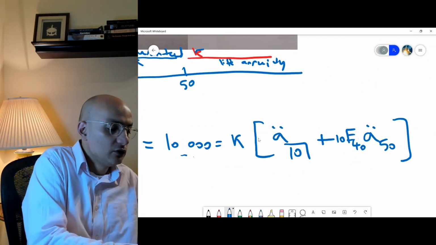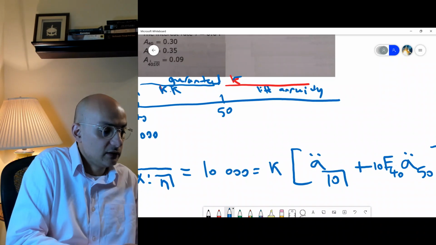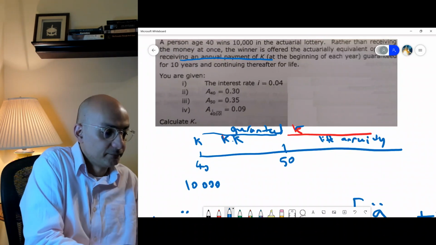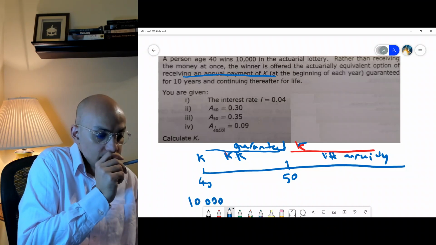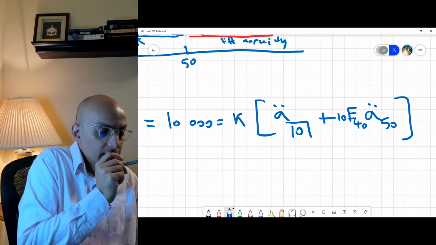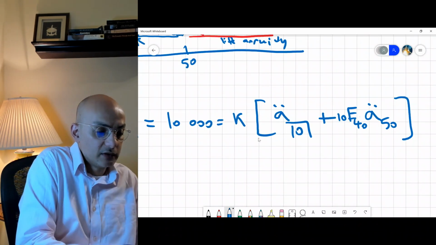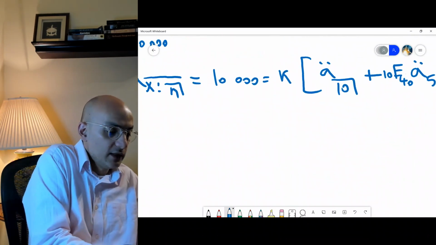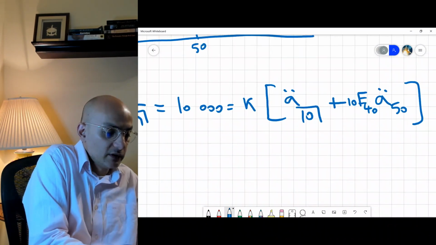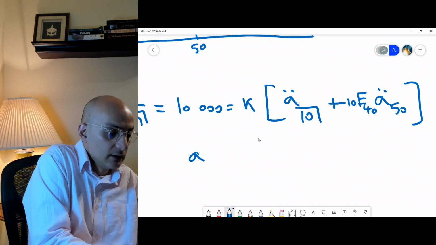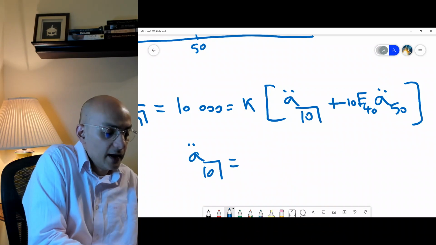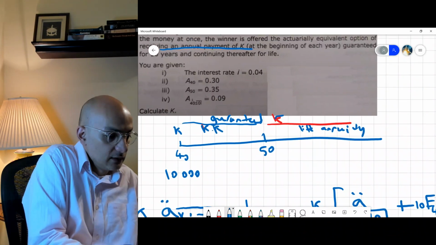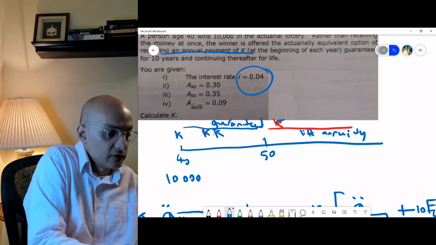So now we need to find K. The question tells us to find K. Okay. Once you reach this point, once you formulate it this way, then you take it one step at a time. So firstly, we need the interest. What is the interest here? I is 4%, so we need 5%.